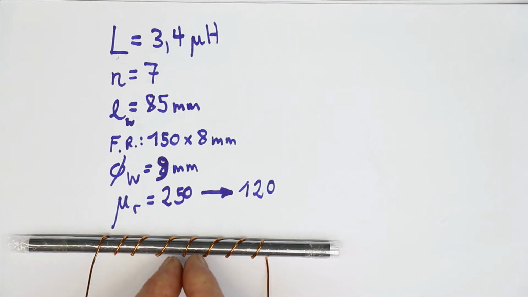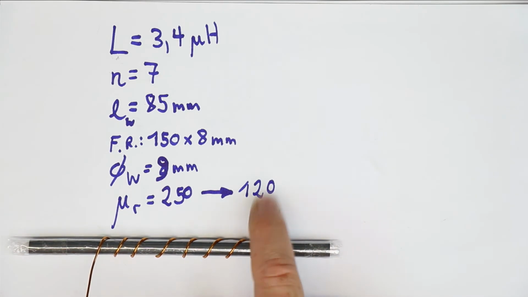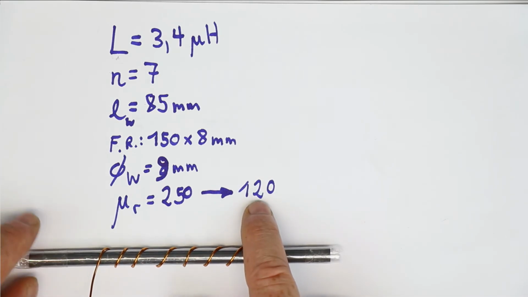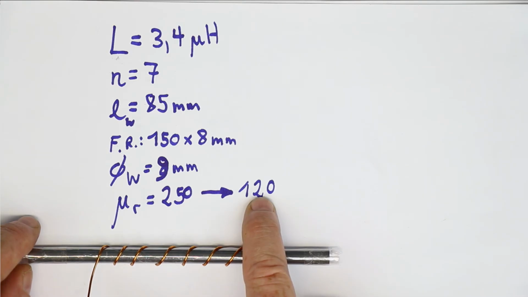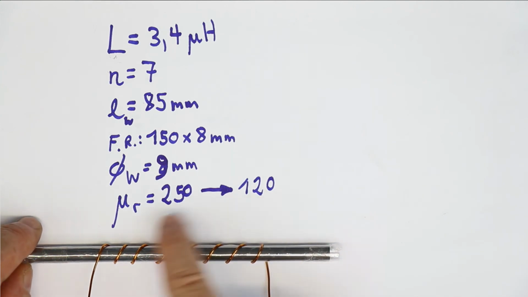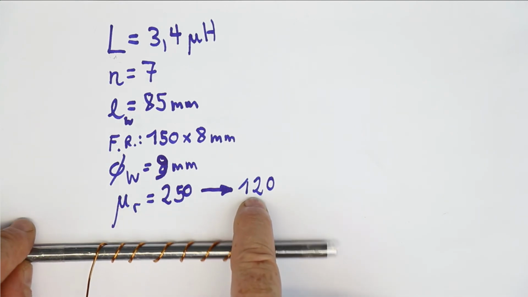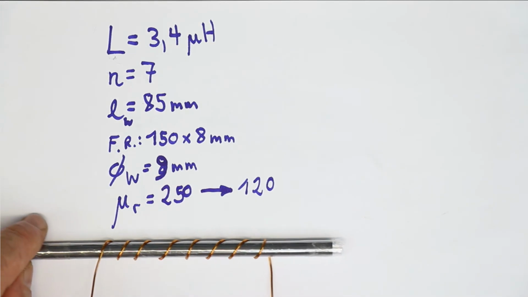So here in the middle we have a greater permeability than at the end, so we probably will even have to use a still smaller value than 120, because the graph we just showed, where we took this reduction factor or this reduced permeability, is basically only valid if the winding is concentrated in the middle of the ferrite rod.